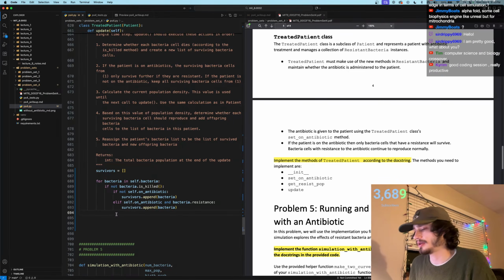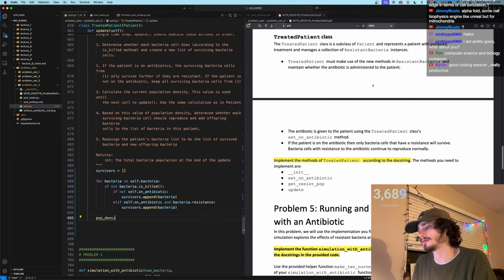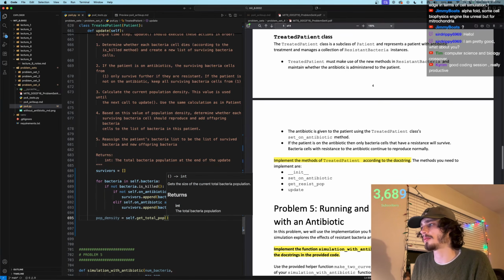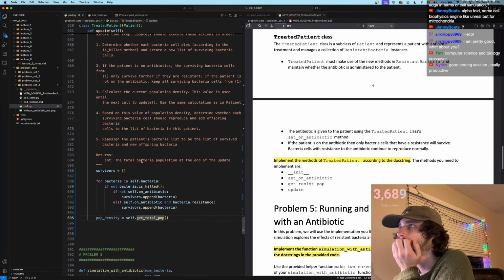So then we're going to say population density is equal to self.get_total_population, right?